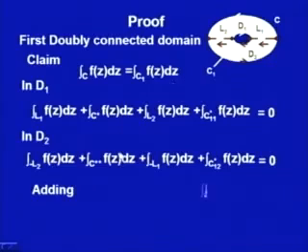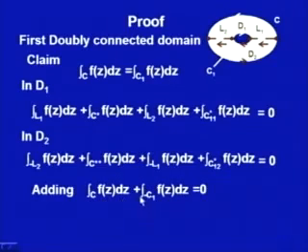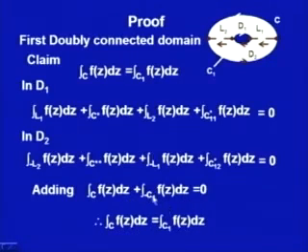So if I add it up, I get the integral over C of f(z) dz plus the integral over minus C1 of f(z) dz equal to 0. So from here, the integral along the contour C of f(z) dz is the same as minus the integral along minus C1 of f(z) dz, which, using sense reversal, is equal to the contour integral along C1 of f(z) dz.